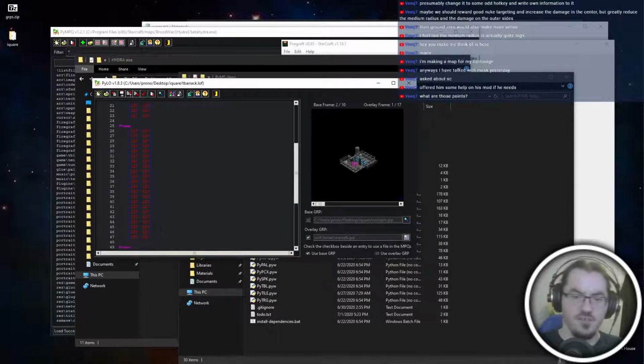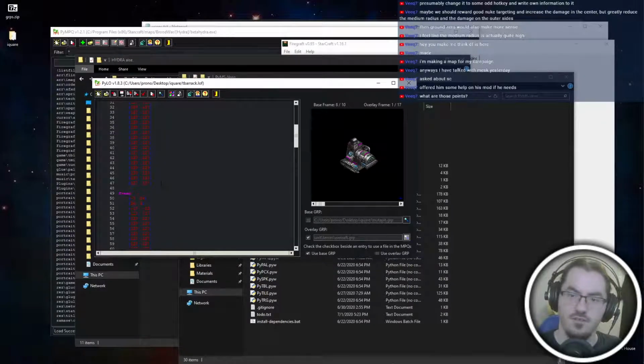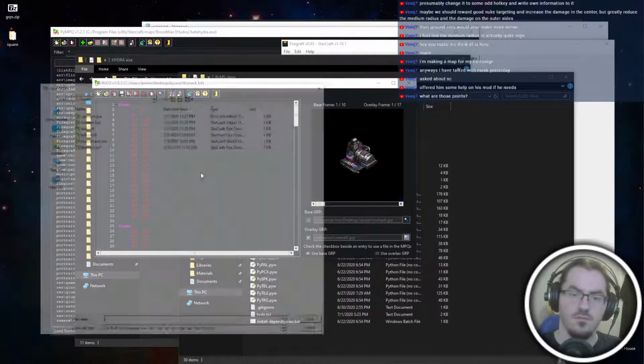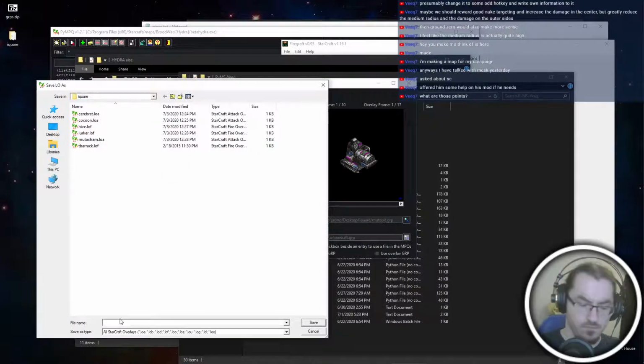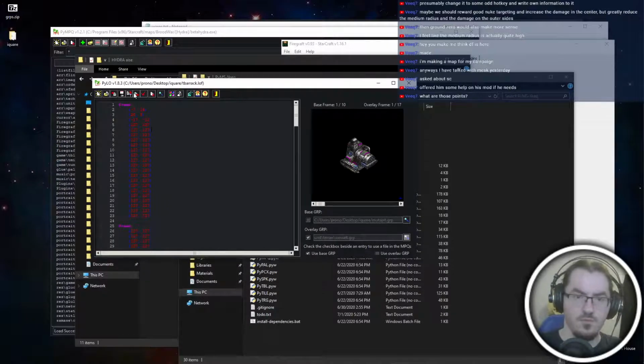Currently, it's not possible to preview with actual fire graphics, which is pretty unfortunate.